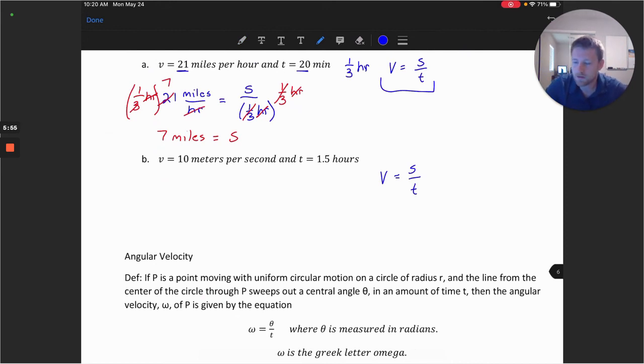Now, if I consider this meters per second first, let's just convert everything to seconds. So if I consider 1.5 hours, we can convert that first to minutes. So 1 hour is 60 minutes, and 1 minute is 60 seconds.